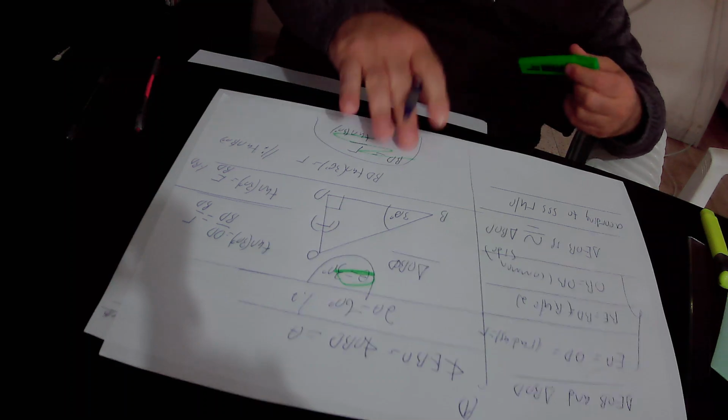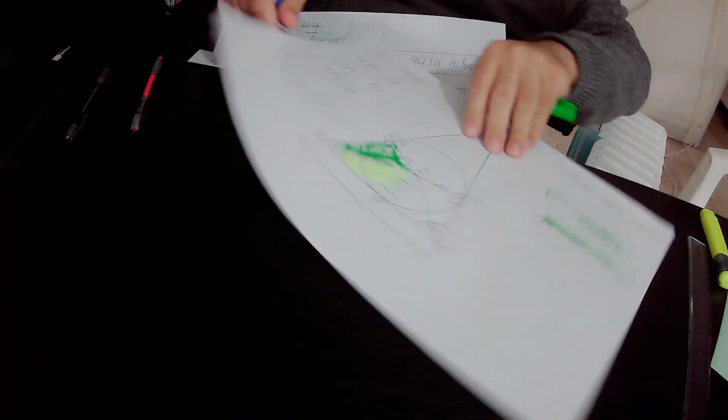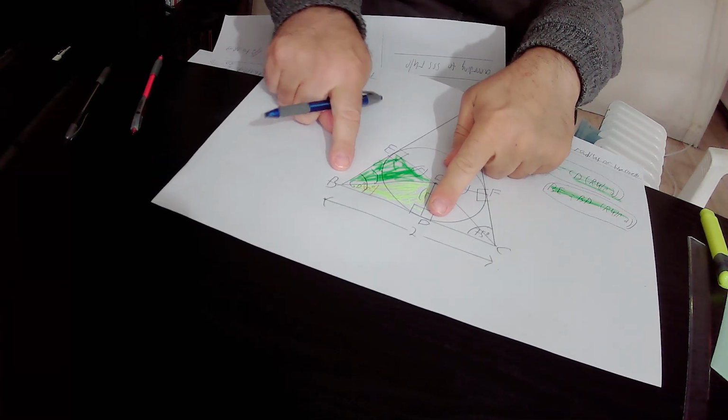So we can write down here that this line segment BD equals R over tangent 30 degrees.